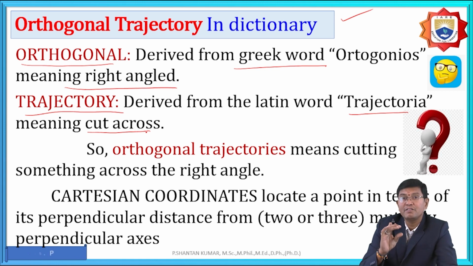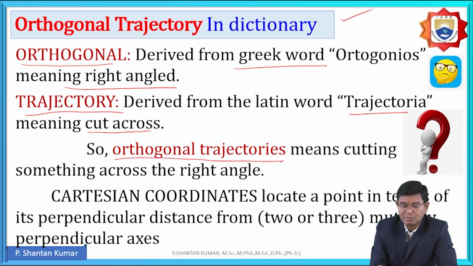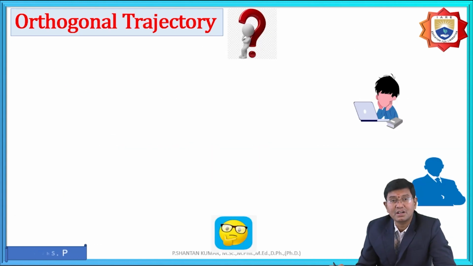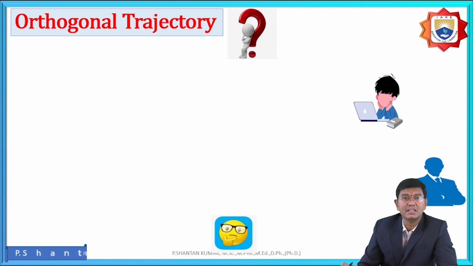That means if two curves are cutting, that is intersecting at right angle, perpendicularly, it is called an orthogonal trajectory. That is the meaning of the orthogonal trajectory, cutting somewhere across at right angle. That we need to basically understand.